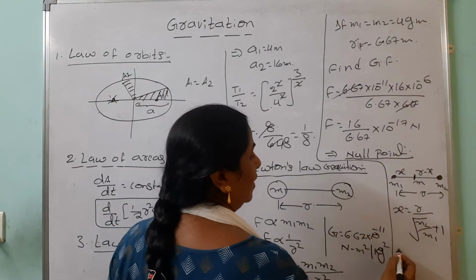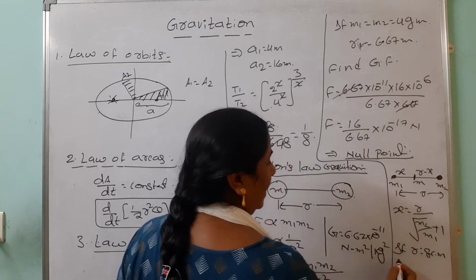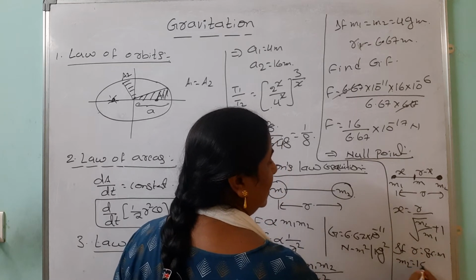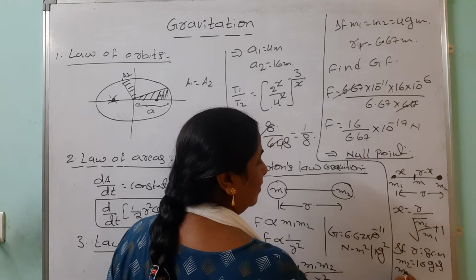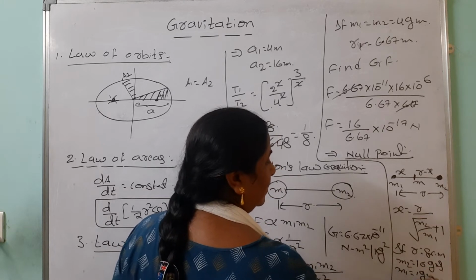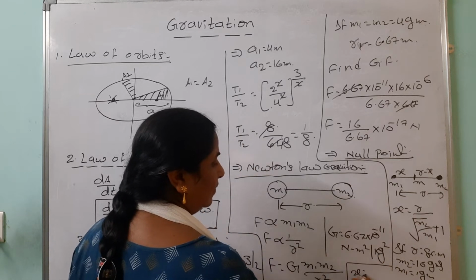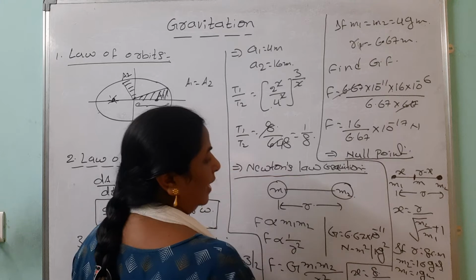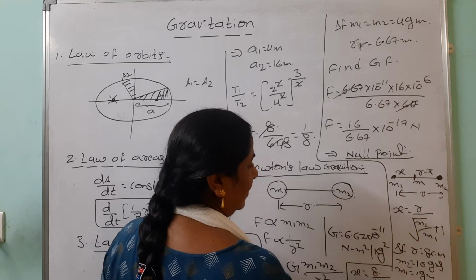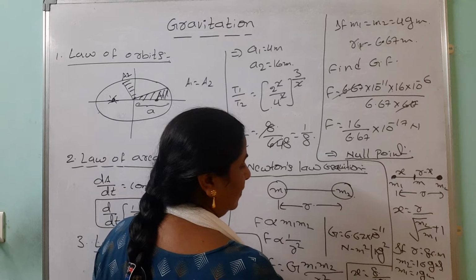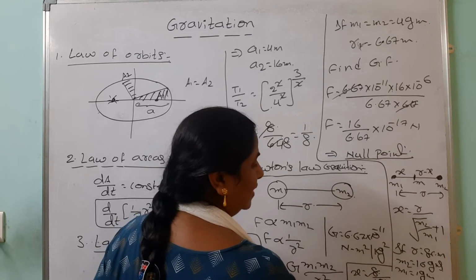We do one problem also. If r equals 8 centimeters, m2 equals 16 grams, then m1 equals 1 gram. Then where we should get that null point? x equals 8 by root of m2 by m1 plus 1. The root of 16 is 4. 4 plus 1 is 5. So x equals 1.6 centimeters.